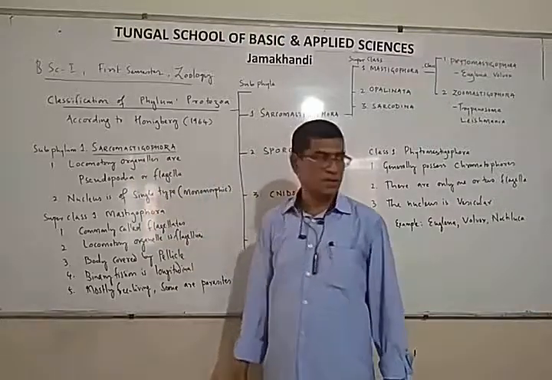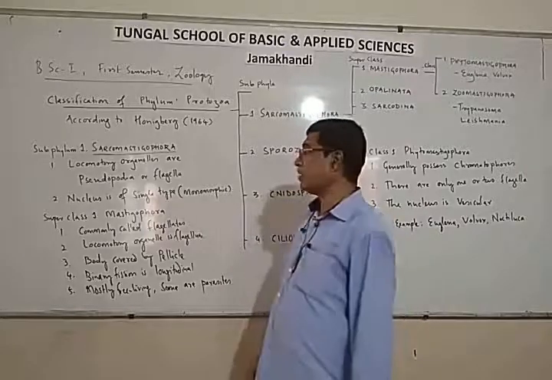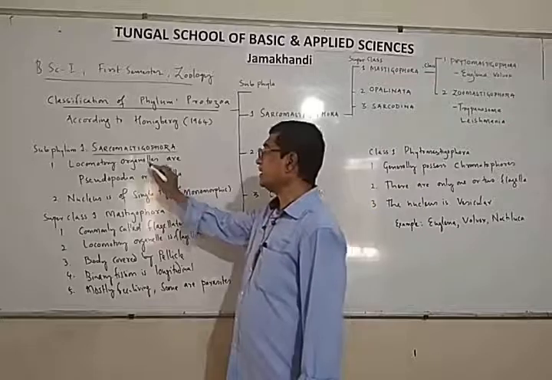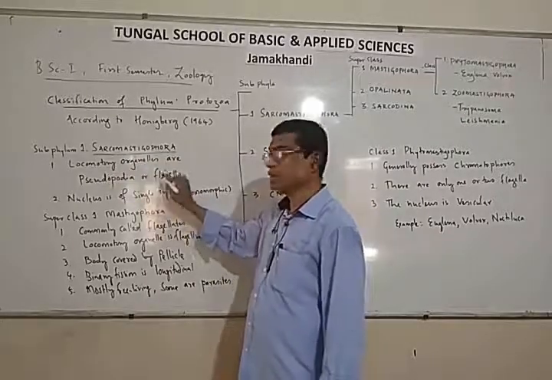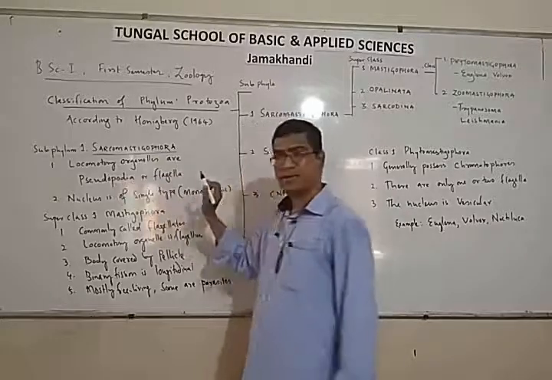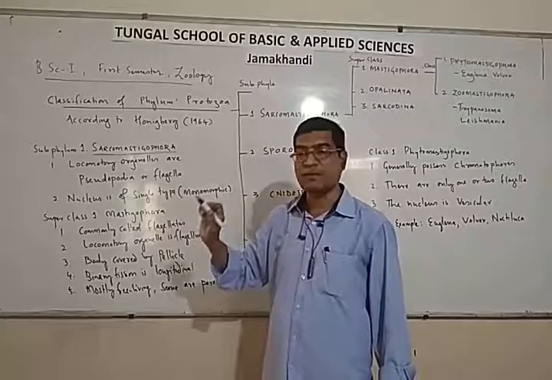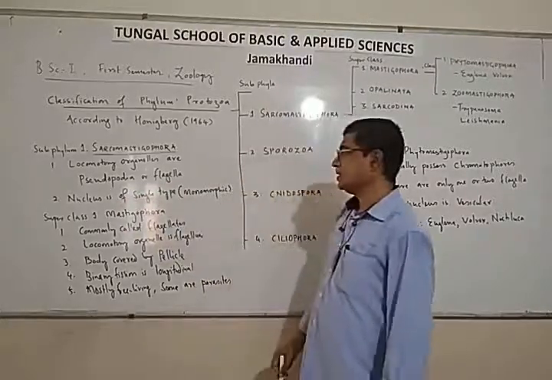Euglena has flagellum. Flagellum is a locomotory organelle. Yes. So here subphylum Sarcomastigophora has protozoans which possess locomotor structures, either pseudopodia or flagella. Then nucleus is of single type.